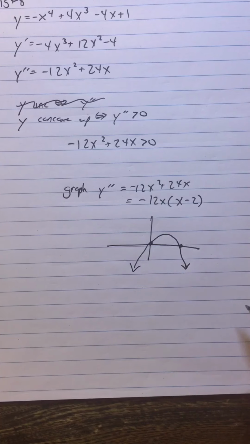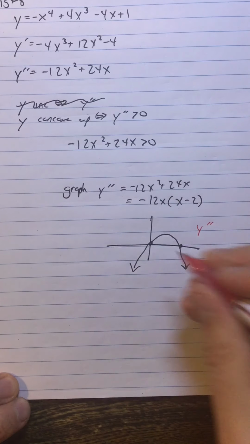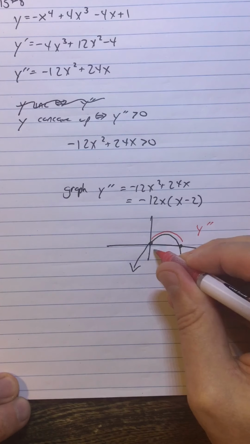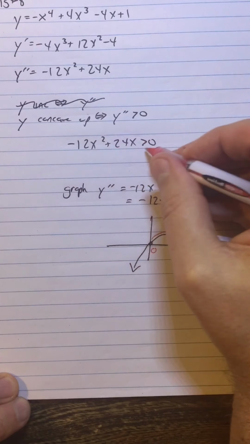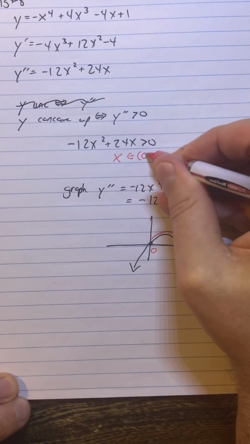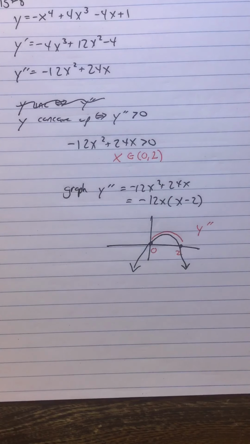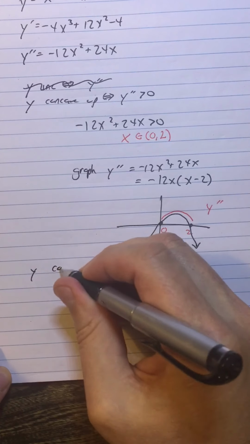All right, so what that tells us is that where this is a graph of y double prime, right? And y double prime is positive on the interval 0 to 2. All right, and then we can solve also using the same graph if y is concave down.